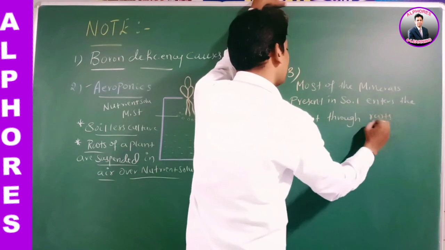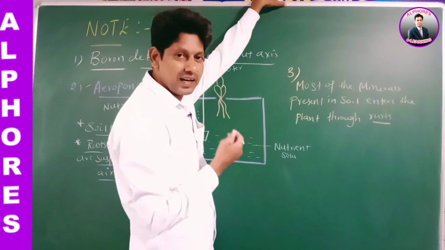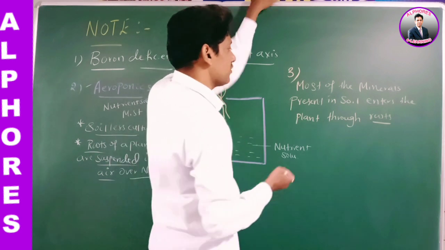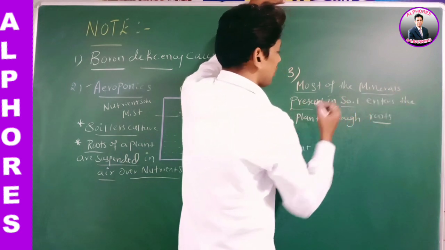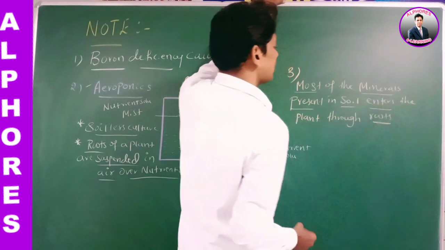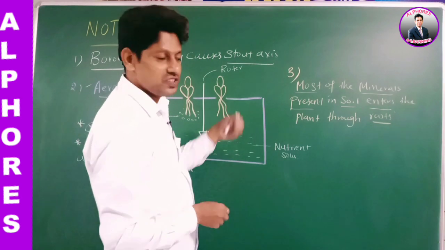Roots. It means the root is going to absorb the minerals present in the soil. Therefore, most of the minerals present in soil enter the plant through roots. Is this statement okay?